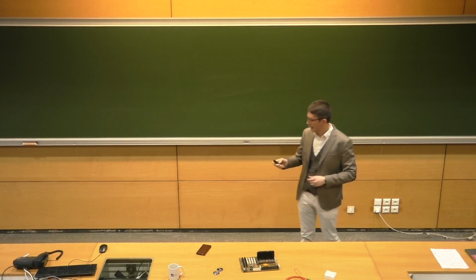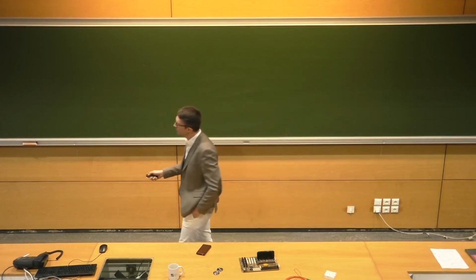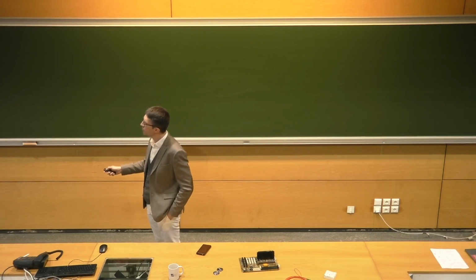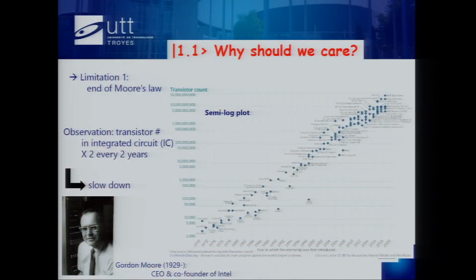All right? And as you see here, it's not that clear, but here is a semi-log plot, so in log scale for the y-axis, of the number of transistors as a function of time. About the time that I was born, the 1970s, up to 2020. And you can see that the trend is pretty much valid. So Moore was right, and that's why we've been talking about this law for decades now.